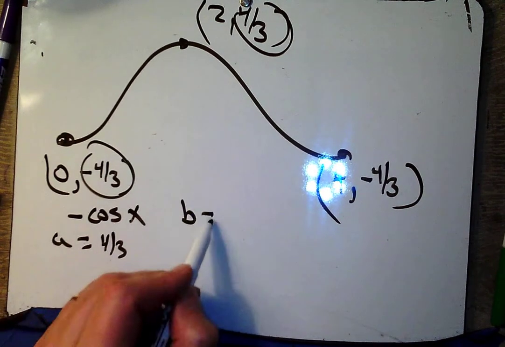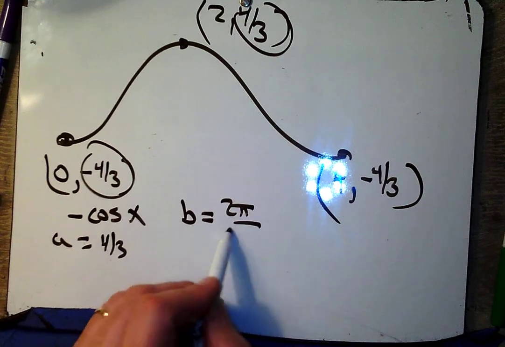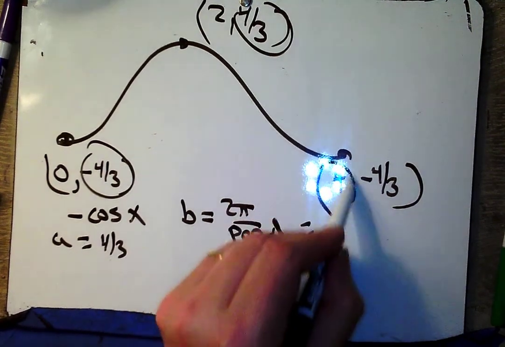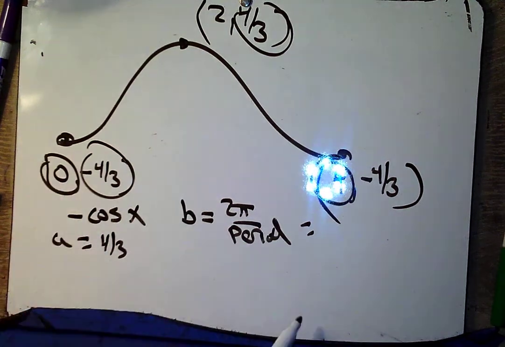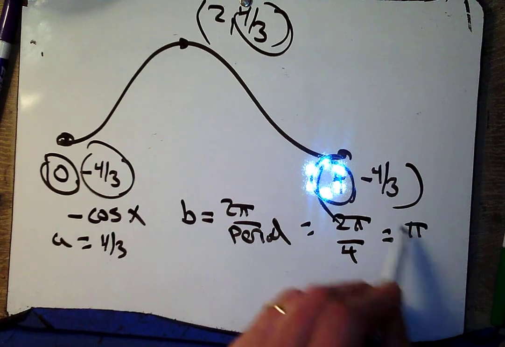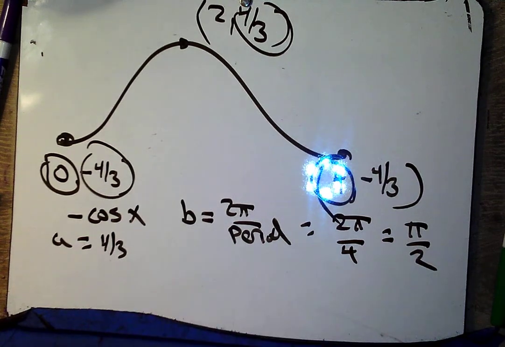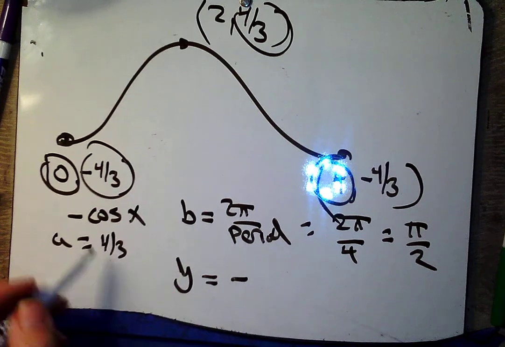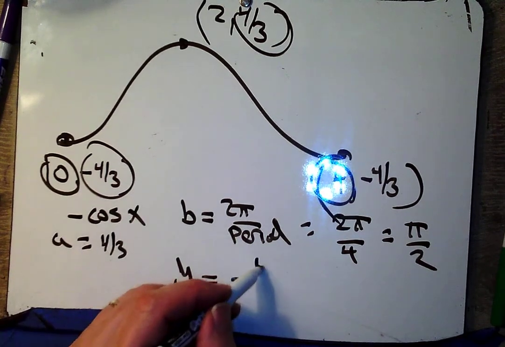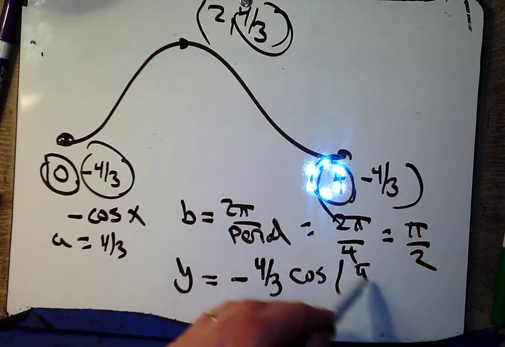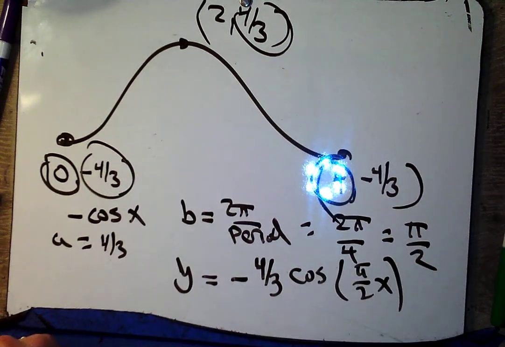And b? Well, b is 2 pi over the period. And what's the period? Ending x minus starting x. So I get a b value of pi over 2. Y equals negative 4/3 cosine pi over 2x.